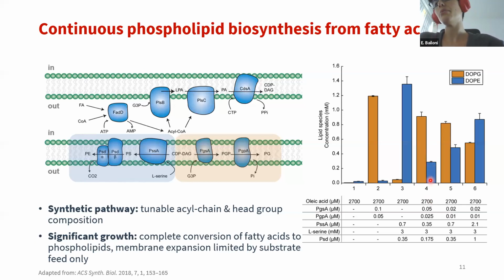And this varied based on the relative amounts of enzymes for PG formation on the right and for PE formation on the left. What is most interesting is that in the last condition, number 6, he managed to achieve 30% PG synthesis and 70% PE synthesis, thereby coming very close to the composition of an Escherichia coli lipid bilayer.